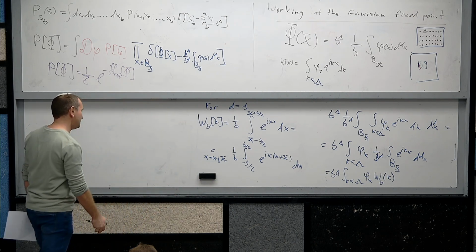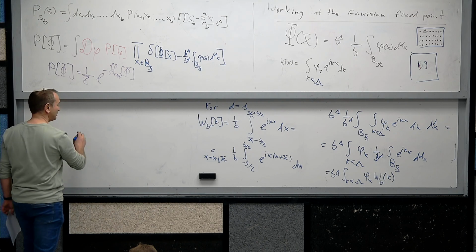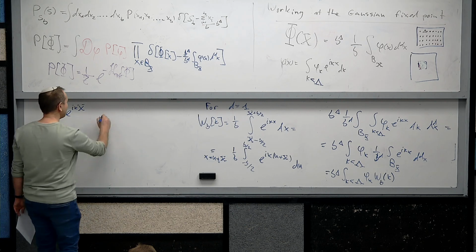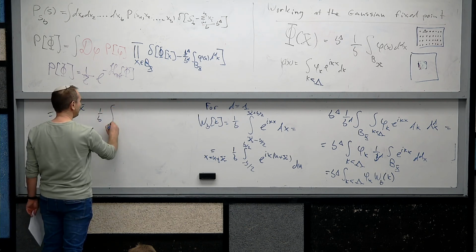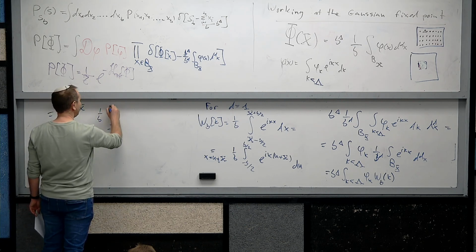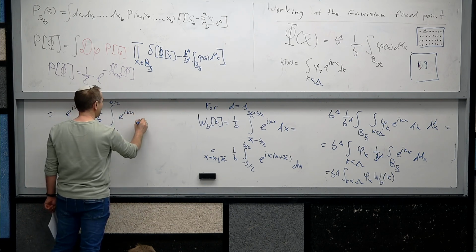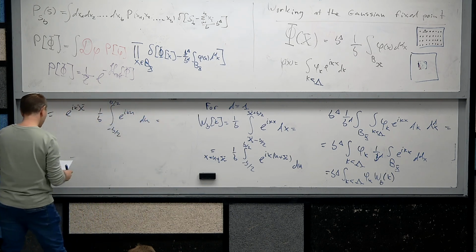So what we see, we can take out e to the power i k large X, and here I have an integral, 1 over b, from minus b divided by 2 to b divided by 2, of e to the i k u du. Okay.